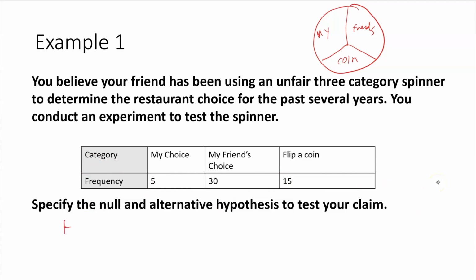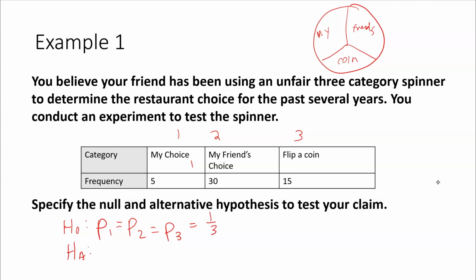Our null has to do not with the experiment that we did, but with the hypothesized proportions. What do we expect, or hope, or what would be correct if it were fair? We would want all categories to be the same. We would want each category to be 1/3, right?